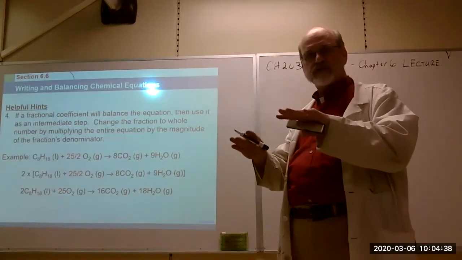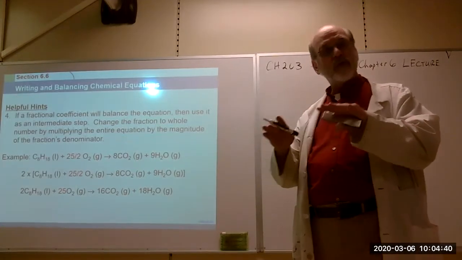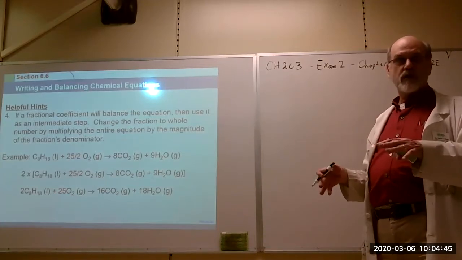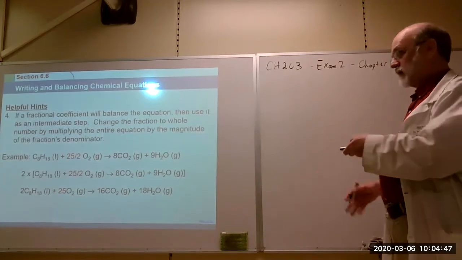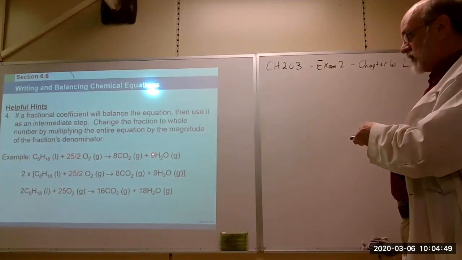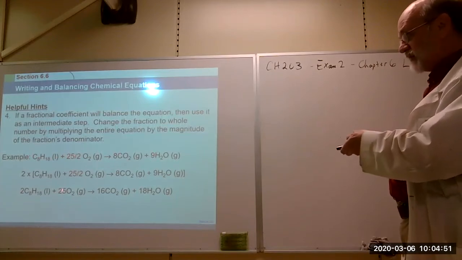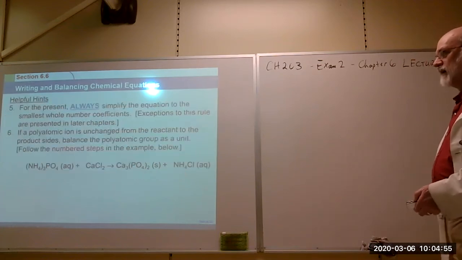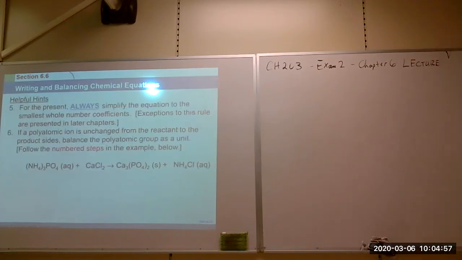It never changes from that point on. So if you multiply through by some other factor, you still have the same ratio, right? So the ratio of this to this to this to this is the same as that to that to that to that. Okay, so let's take this example.